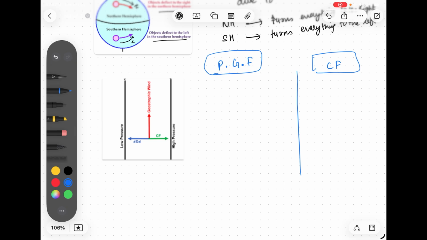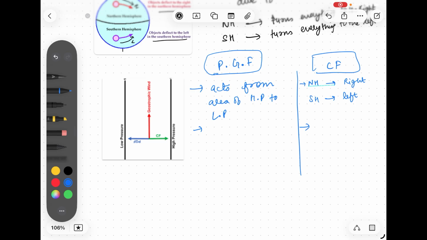Okay, so this force, pressure gradient force, basically acts from area of high pressure to the area of low pressure. So the movement of this force is from high to low. All right, and here in the northern hemisphere, Coriolis force turns everything to the right, and in the southern hemisphere everything to the left. So these are the movement of these forces.